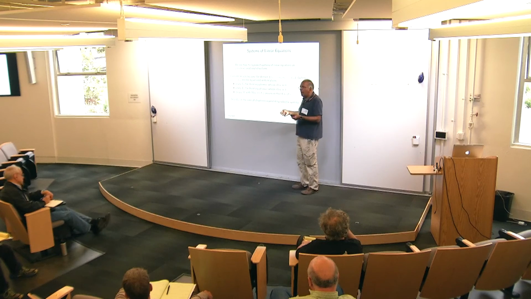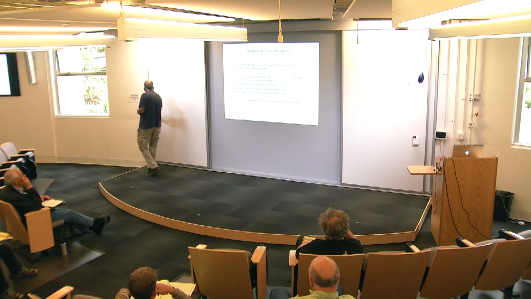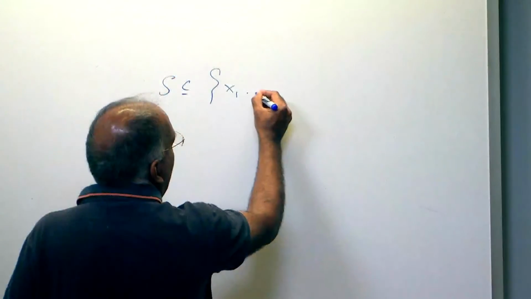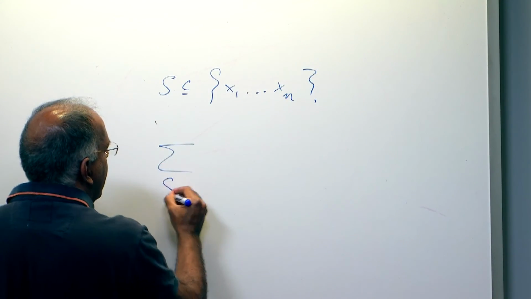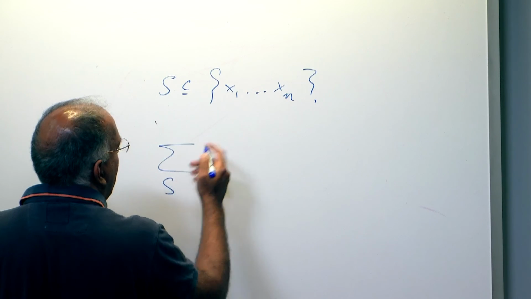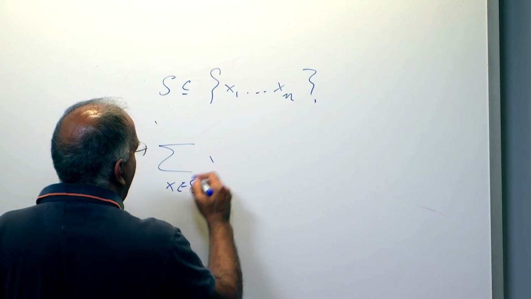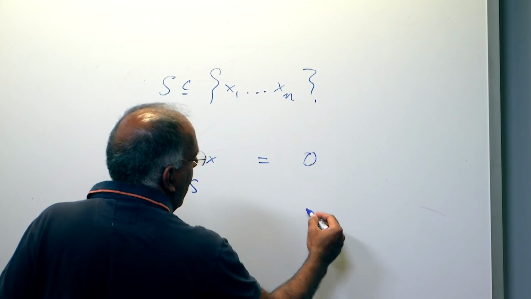And now every equation is basically, for some set of variables, the sum over x, and the right-hand side is either 0 or 1.